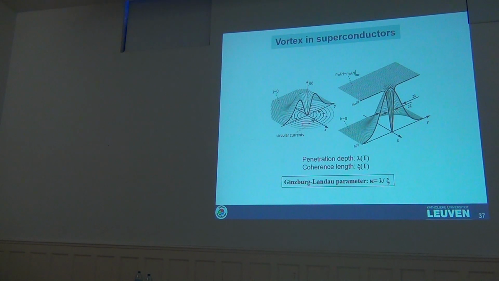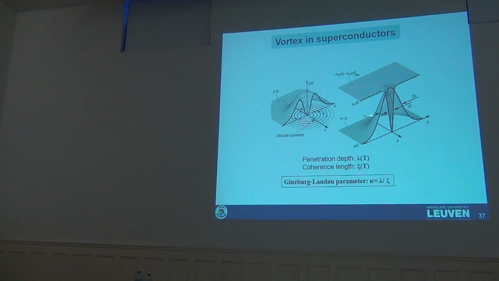On the other hand, now you suppress the superconducting state, and it becomes much easier for magnetic field to penetrate at the location where the order parameter is suppressed. And therefore here you have enhanced local field. And the local field penetrates in the form of quantized vortices, and the characteristic size of that is 2 times lambda. And as you know, the Ginzburg-Landau parameter is just the ratio of these two.